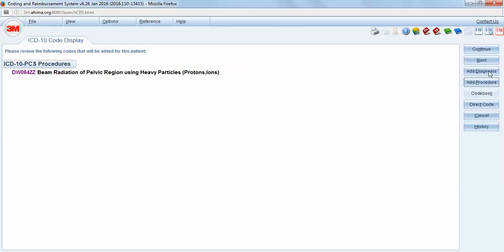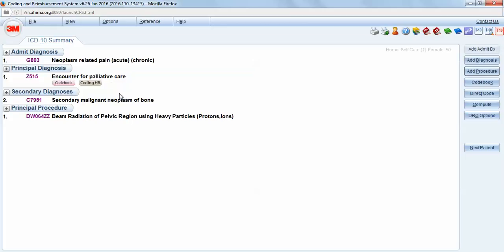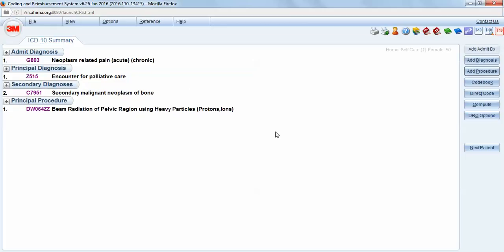All right, now if you go ahead and hit continue, you now have this radiation code. But when someone looks at this, say at an insurance company or whatever, they're going to know that this radiation therapy was not being done to cure. It was being done for palliative reasons. So it's in connection with our diagnosis code. All right, hope that helps.